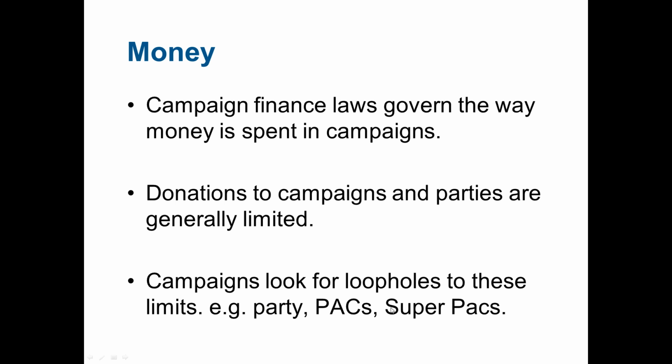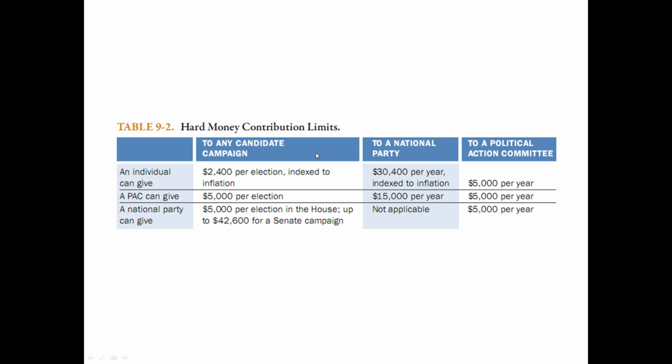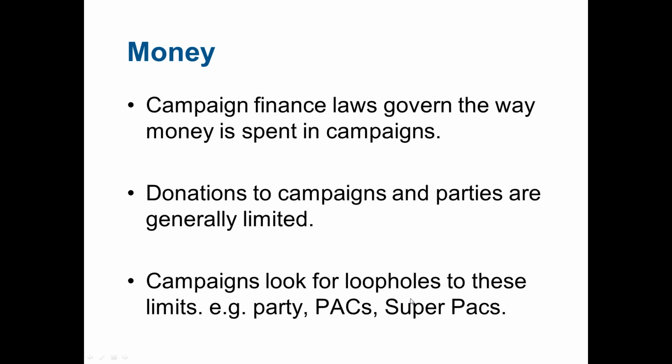And it's worth noting that on this chart, super PACs aren't listed, which has sort of become the number one way that campaigns can get around financing limits. We talked about super PACs back during the interest group lecture. These would be groups, just to remind you, that make independent expenditures that aren't directly connected to the campaign. So they can advocate for Hillary Clinton or for Donald Trump, but they can't call either of them up or their campaign people and ask how the money is going to be spent.